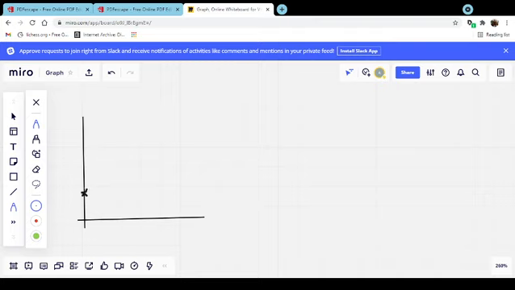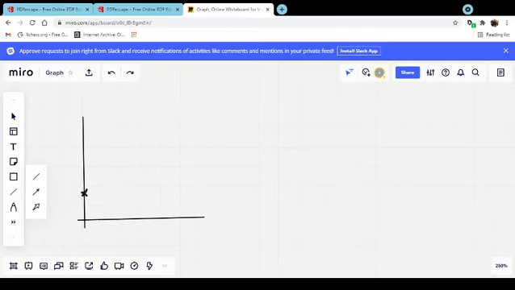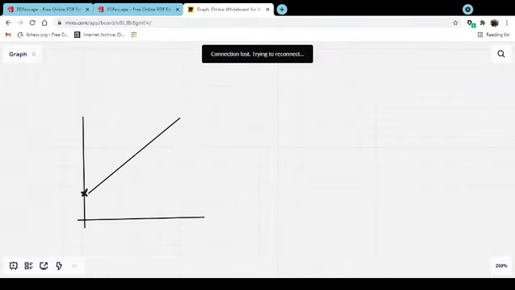This is the point from which the motion is starting, and the graph of the position of the particle is a straight line.